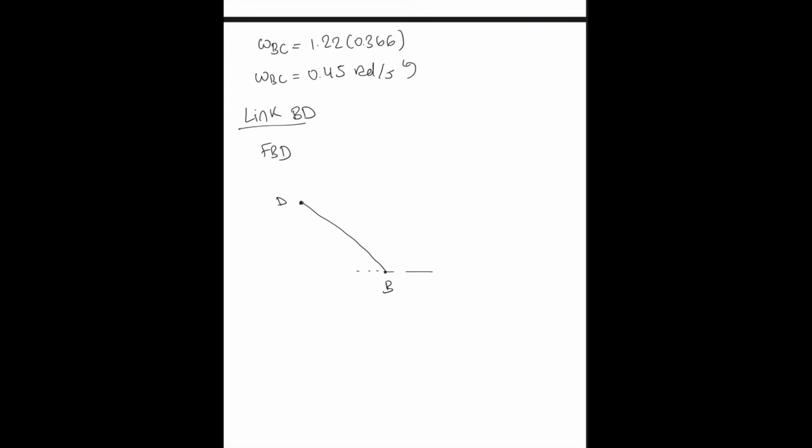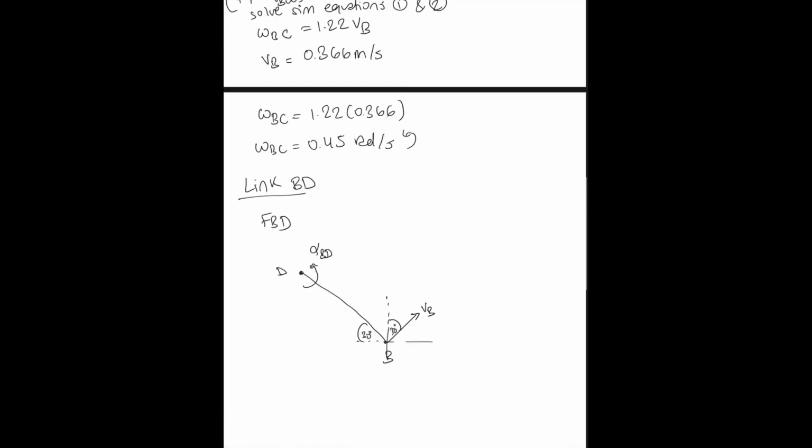Here's the angular acceleration of length BD. And here's our velocity of point B at an angle of 30 degrees. Here it's also at an angle of 30 degrees. This is 30 degrees over here.